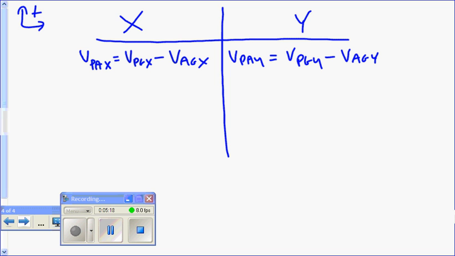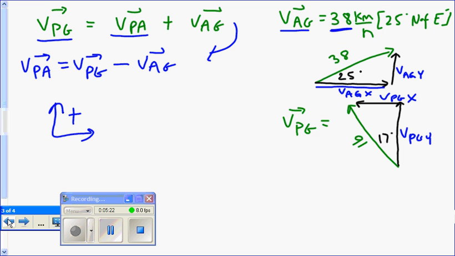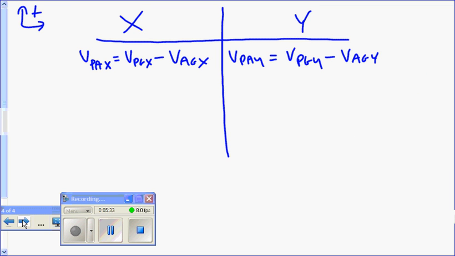VPGx. If you look back to the triangle, VPGx is opposite my angle, and it's in the negative direction. So VPGx will be negative, 91 sine 72.